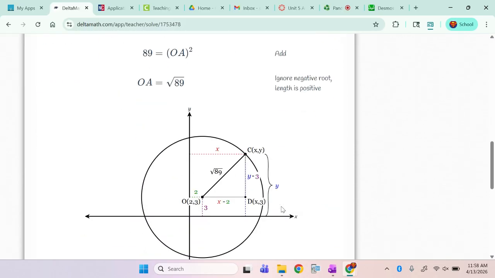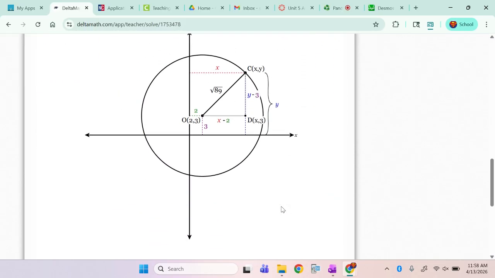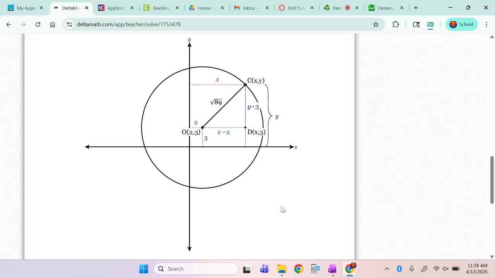Now, let's see if the observations that we originally had held up. Is it true that the left side of the equation contains values that are in the center point of the circle? My center point is (2, 3). Is there a 2 and 3 here? Yes, except the sign flipped. Now, is it not true that the right side was the square of the radius? Yes. All right.